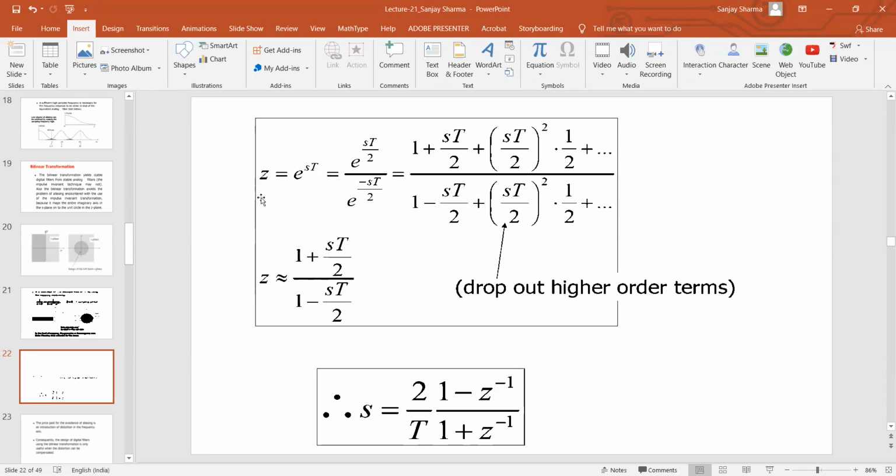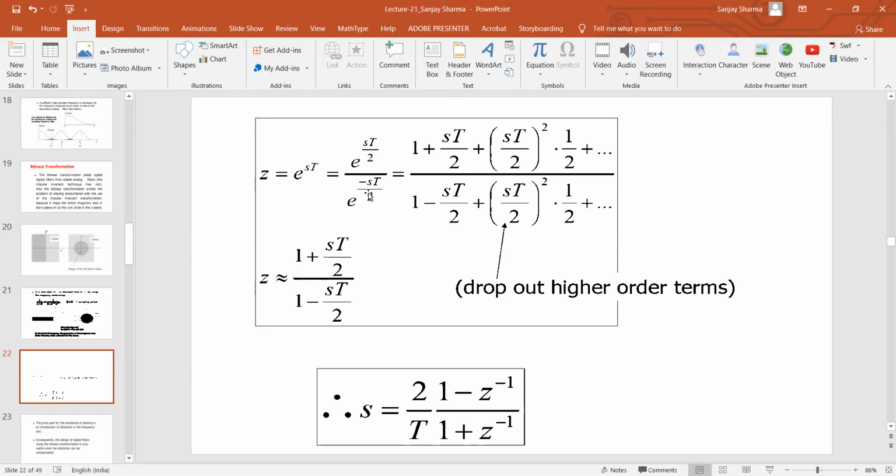Now I can write e to the power s capital T as e to the power s capital T by 2 divided by e to the power minus s capital T by 2. I can expand the numerator and the denominator using the power series, into 1 plus s capital T by 2 and so on.